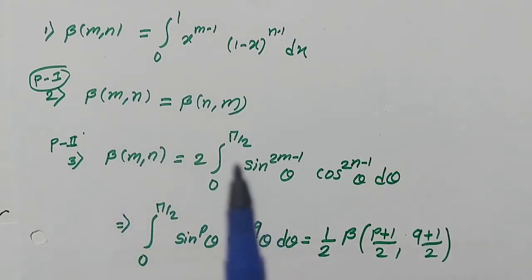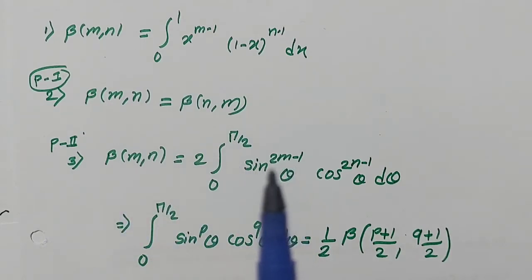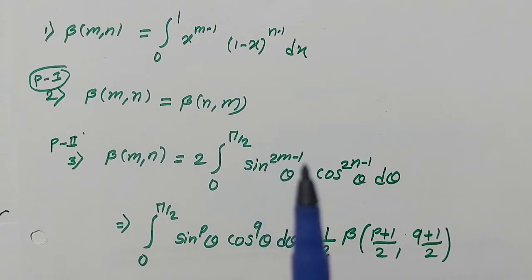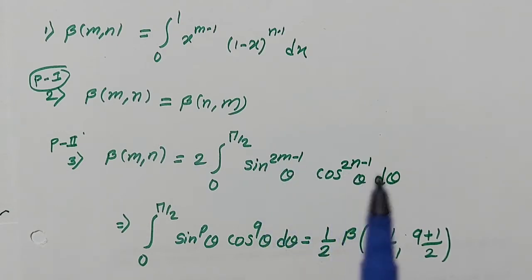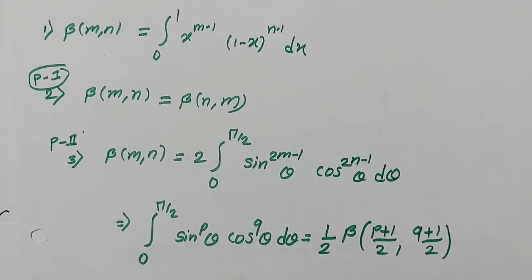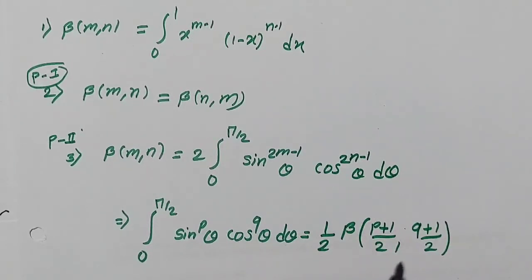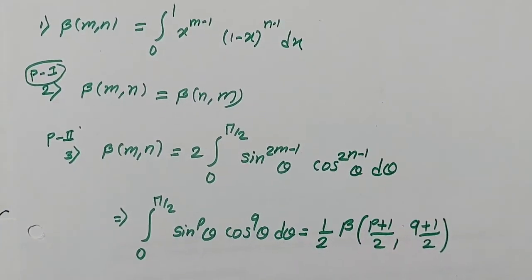And here if we write sin raised to the power 2m minus 1 equal to p and cos raised to the power 2n minus 1 equal to q, then we get integral 0 to pi by 2 sin raised to the power p theta into cos raised to the power q theta d theta is equal to 1 by 2 beta of (p plus 1) by 2 comma (q plus 1) by 2. These two properties we have already discussed in the last lecture.